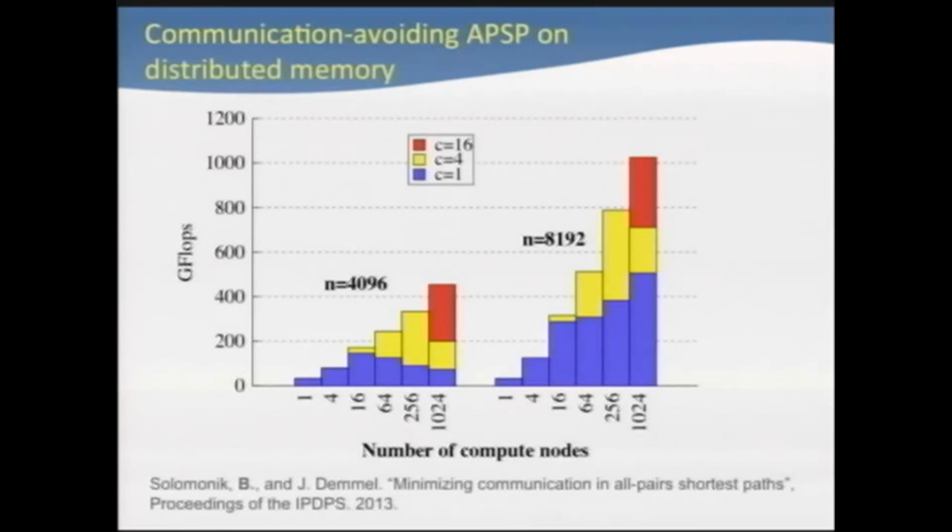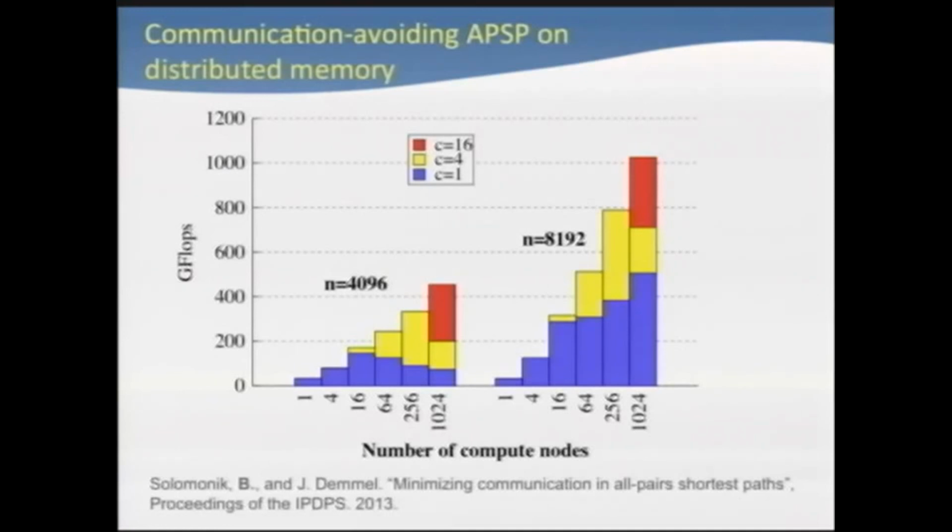But as you strong scale, you get extra memory. Right? If this data fits on one compute node, when I fit it on 64, there's a lot of empty space in the memory. I can do a smart replication of the data at an algorithmic level and reduce my communication requirements. And that's exactly what this communication avoiding version does.